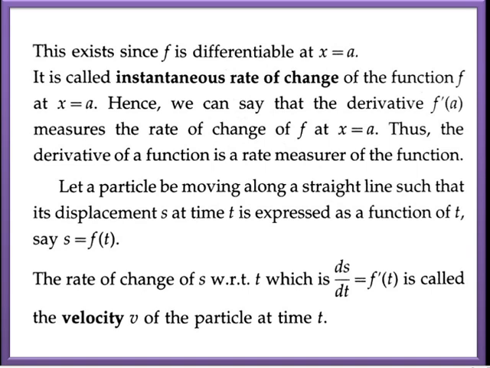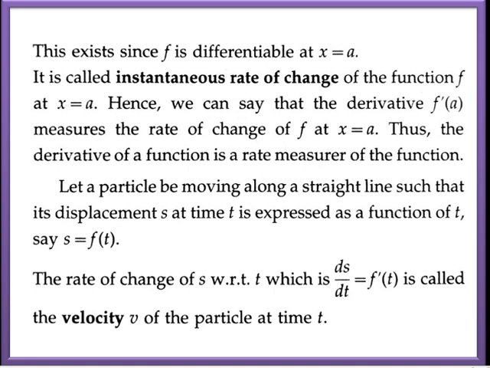Now, let a particle be moving along a straight line such that its displacement s at any time t is expressed as a function of t, say s equal to f of t. The rate of change of displacement s with respect to time t is what, as per Leibniz notation, ds/dt equal to f dash of t.